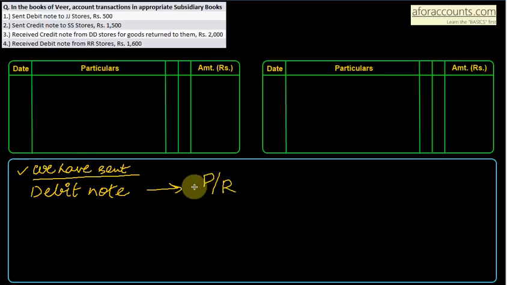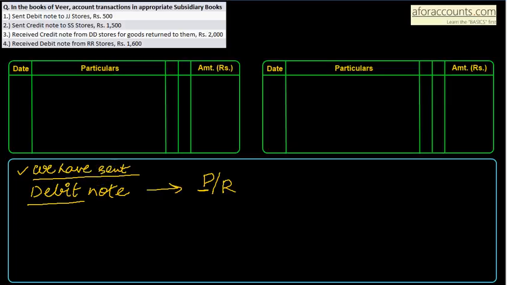And now how will you remember this? See, debit purchase होता है, credit sale होता है. If I am sending a debit note, debit देखते ही purchase return करो, but remember I have to send it to the other party, okay?